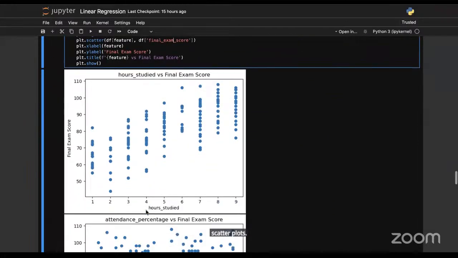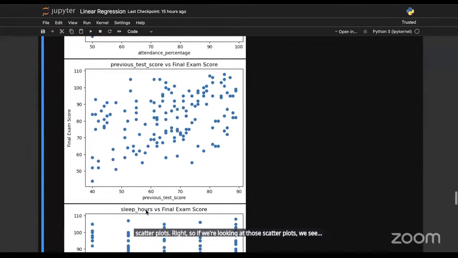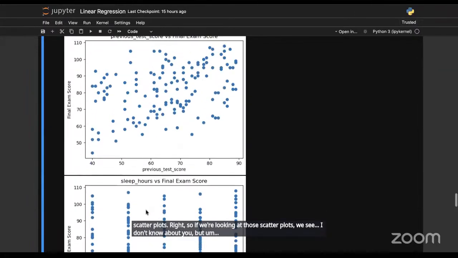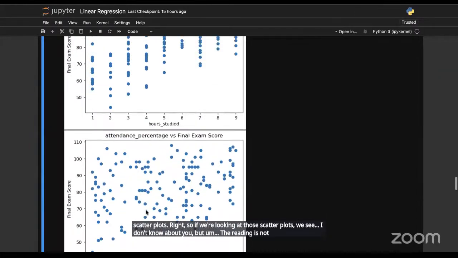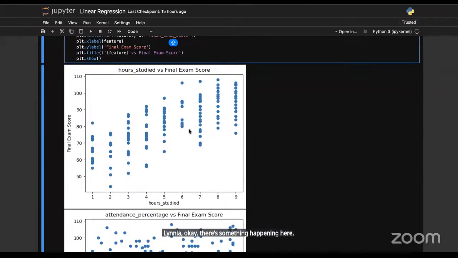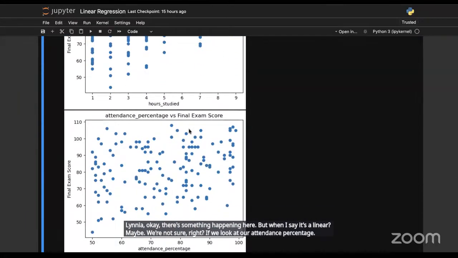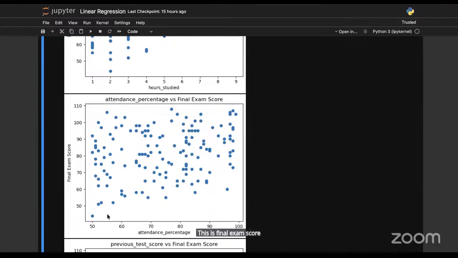Right. So if we're looking at those scatter plots, I'm trying to look for a linear trend. Okay, there's something happening here. But would I say it's linear? Maybe. We're not sure. If we look at our attendance percentage versus final exam score, if we put a line there, the points would be evenly separated.